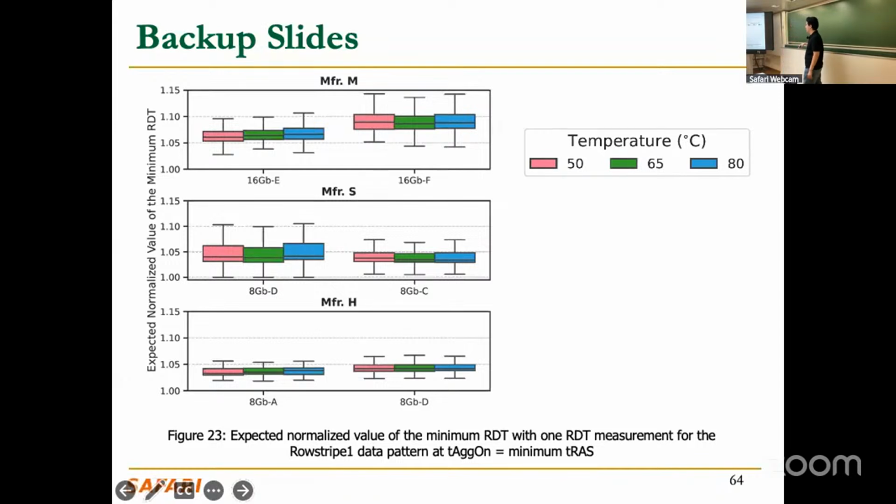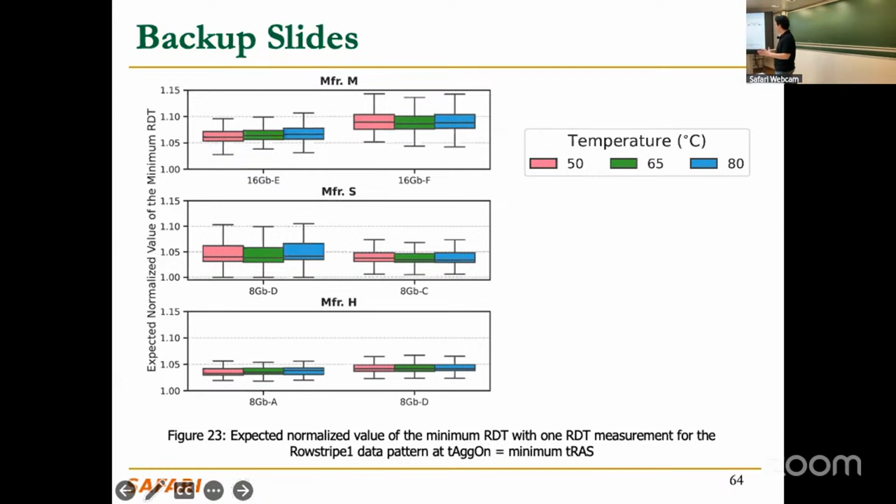And we can see that the temperature does not have a single, correlated effect. That means that if we increase the temperature, it doesn't mean that it will do worse across all of them. So we can see that the expected normalized value changes between different chip types here.